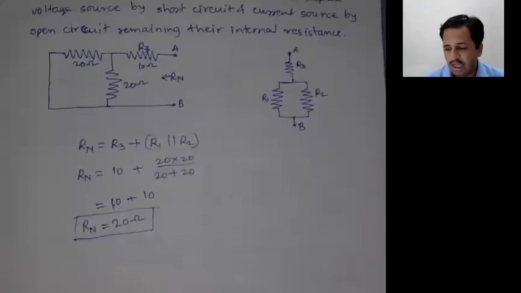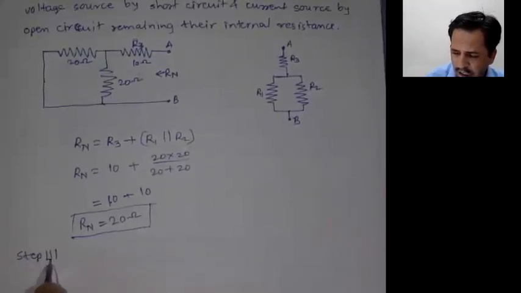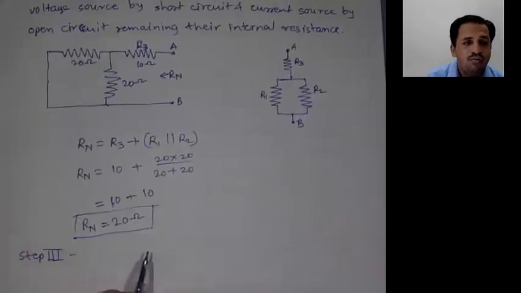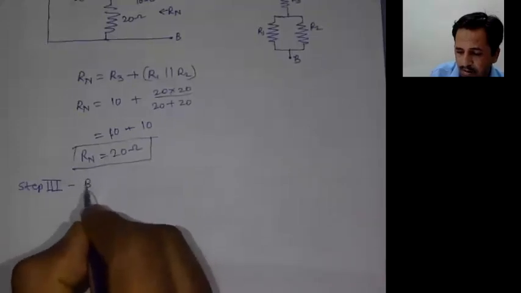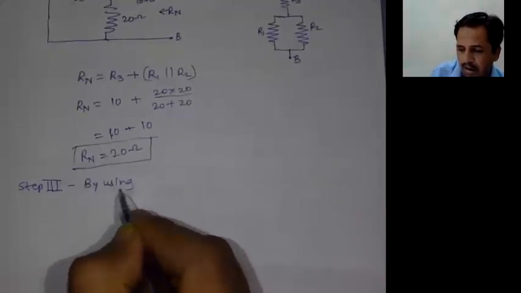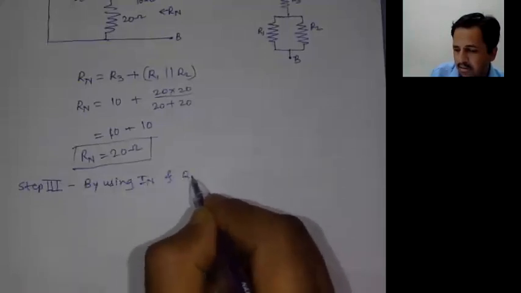Now by using step 3, what is step 3? Step 3 is nothing but we have to obtain the equivalent circuit using IN, that is the current source, and RN.